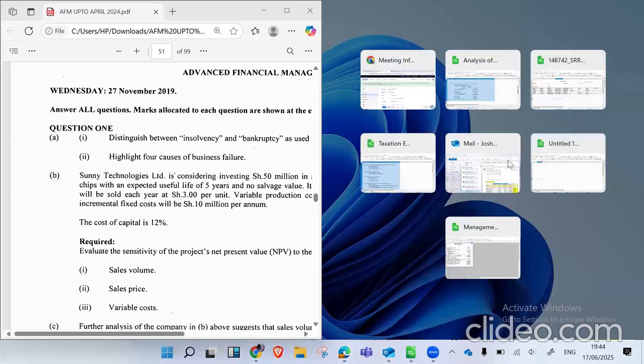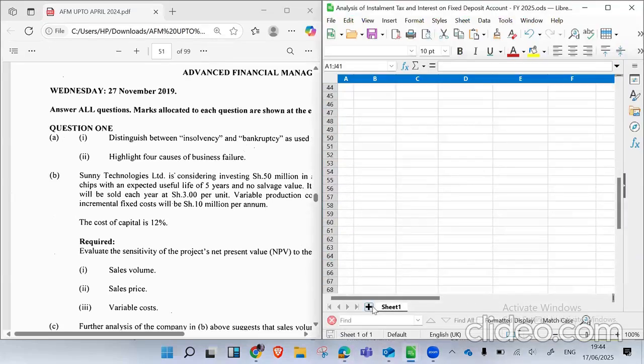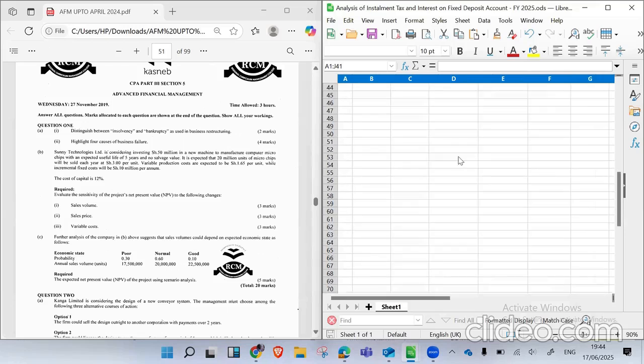Under sensitivity analysis, I remember we said that we use the sensitivity ratio to evaluate the effect on NPV of a change in a decision variable.